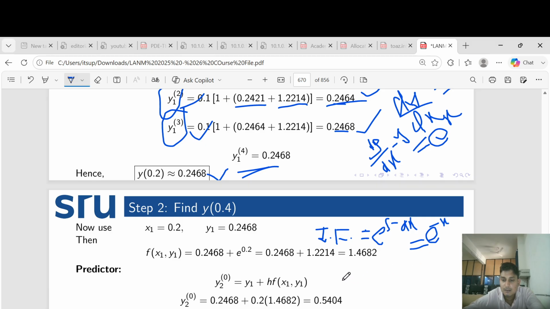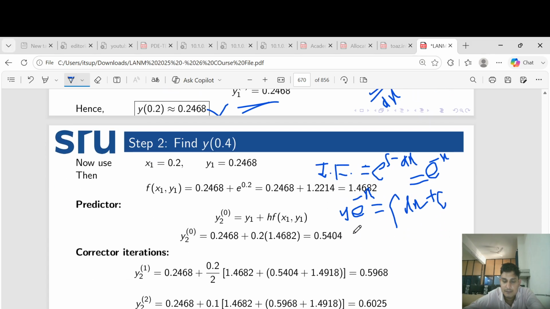So y into e to the power minus x is equal to the integral of q, e to the power x into e to the power minus x, which is 1, dx, plus c.